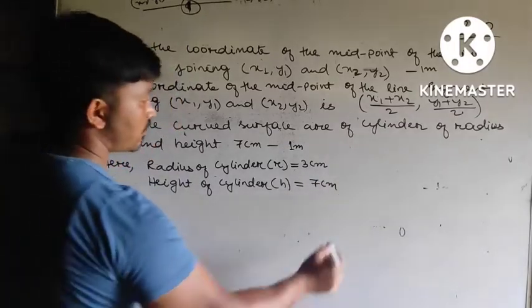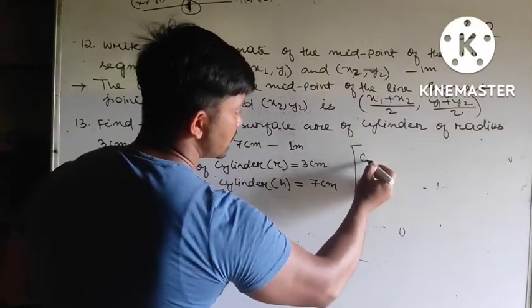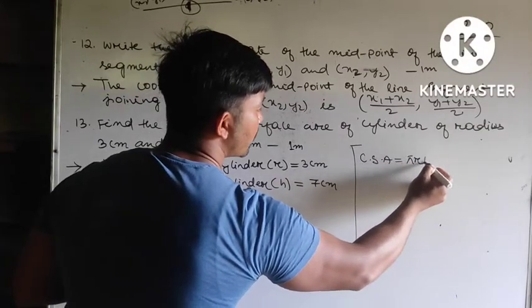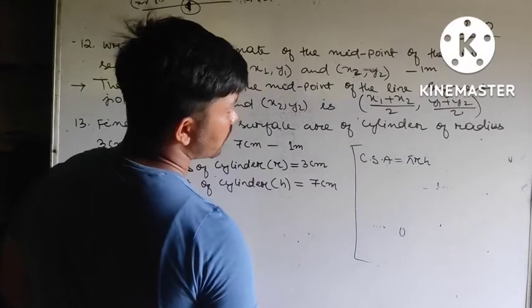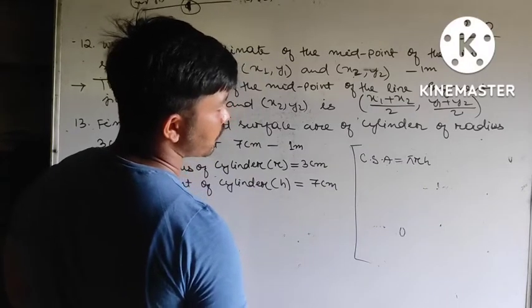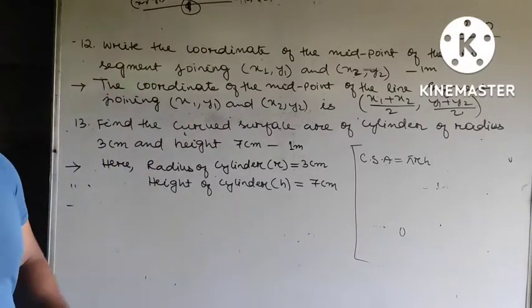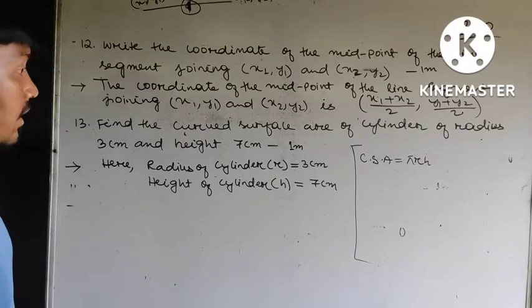And you know the formula to find the curved surface area of a cylinder: CSA, means curved surface area, is pi r h. Okay, no, this would be 2 pi r h. Sorry, 2 pi r h. So this will be the formula to find the curved surface area.